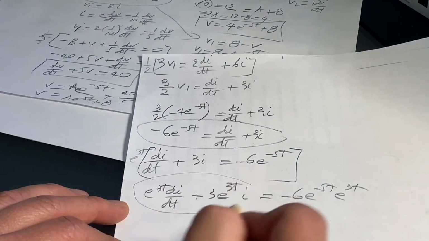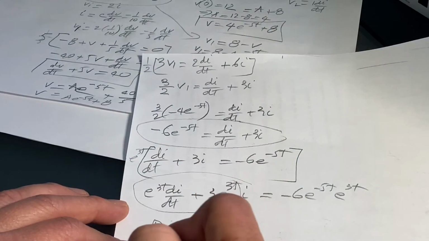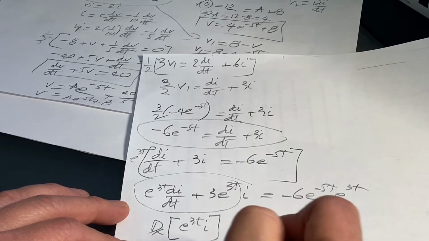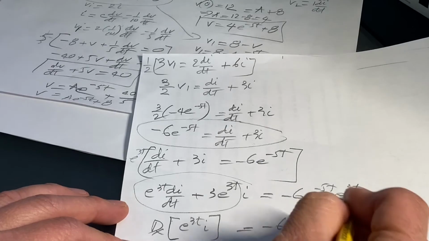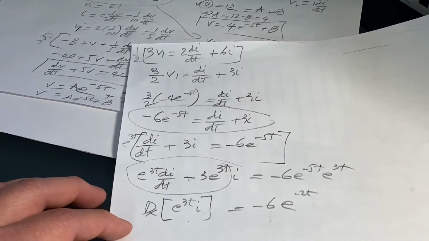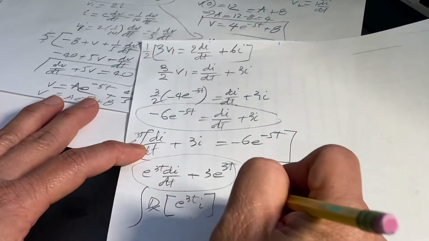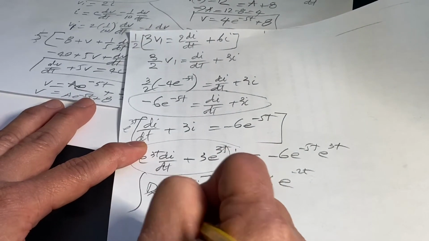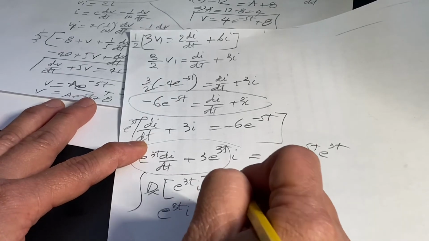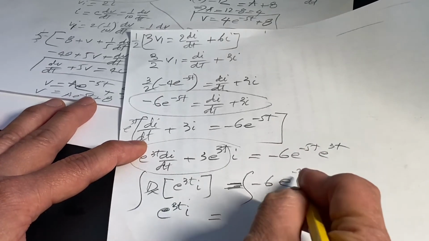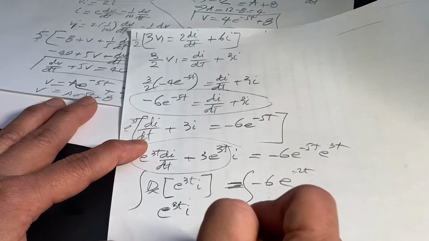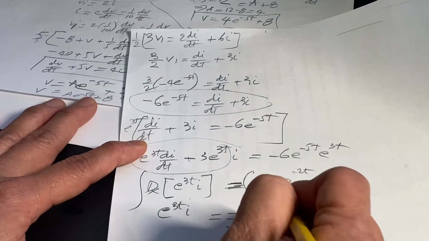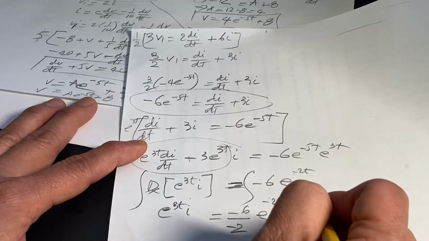Look at this one. That means the derivative of e^(3t) I equals negative 6e^(-2t). I take the integral of both sides. So I got e^(3t) I equals negative 6 divided by negative 2, e^(-2t) plus c.